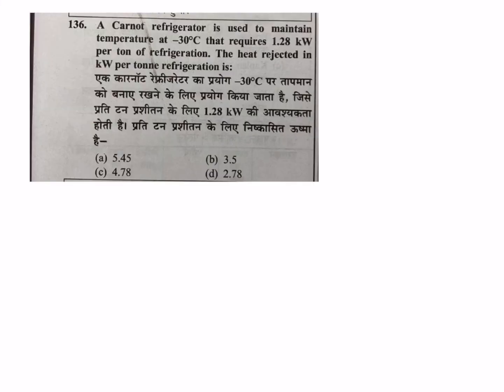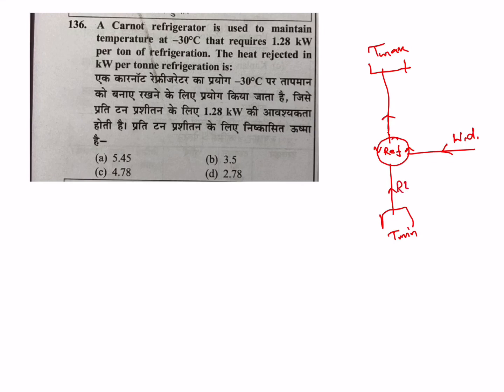A Carnot refrigerator is used to maintain. So Carnot refrigerator or ideal refrigerator, anti-clockwise cycle. T minimum, T maximum, work done on the system, refrigerating effect, heat rejected. Used to maintain temperature at minus 30 degrees Celsius.